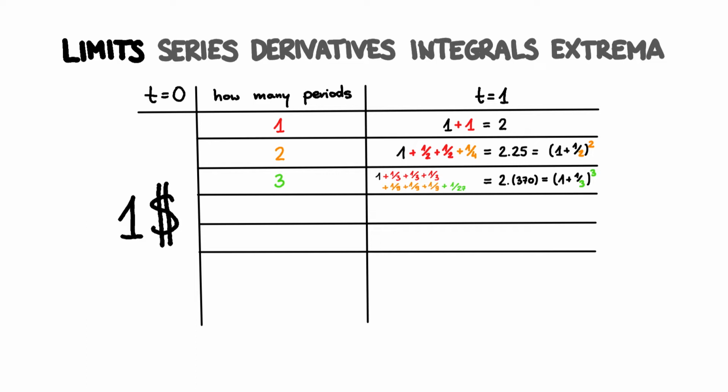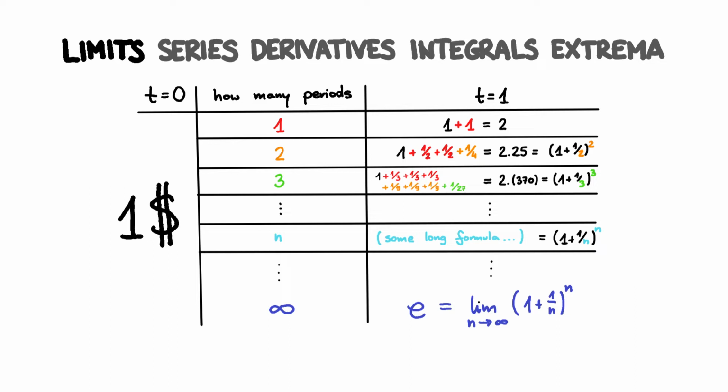For an annual interest rate of 100% and n equal compounding periods every year, it will take the form (1 + 1/n) to the power of n. You can check by yourself that the bigger n is, the greater amount of money you get. Now, if we imagine that the continuous compounding corresponds to letting n go to infinity, we obtain the following formula for E.